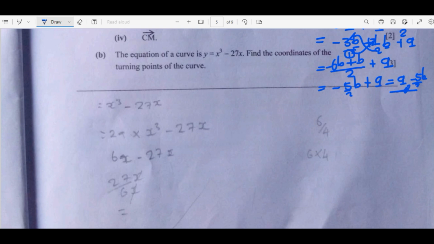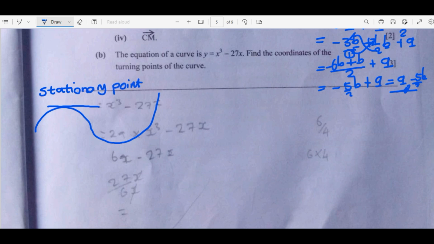Let me see if I can give you a visual representation. Let's say we have a cubic function, a curve like this. At this point is where we call the stationary point. The stationary point is where we also consider the turning point, because it's where the curve is turning.